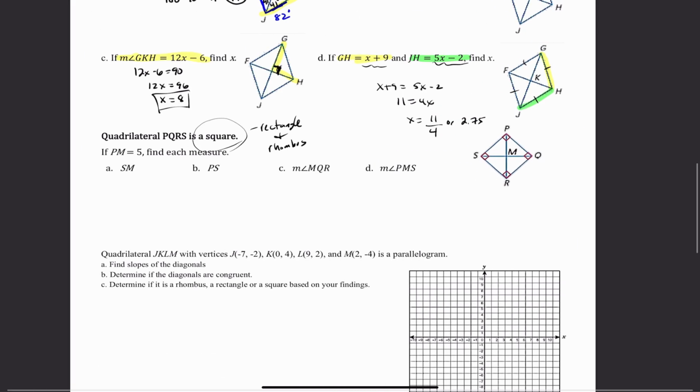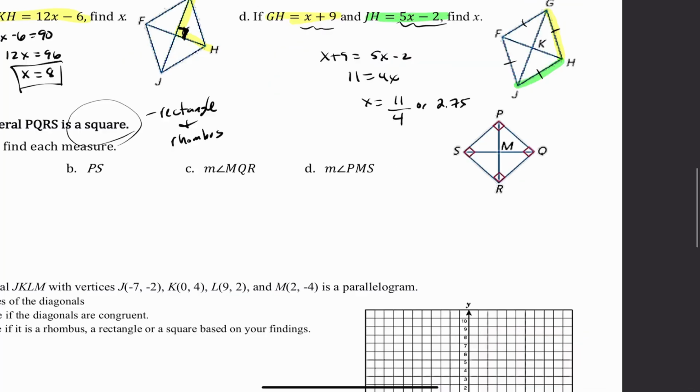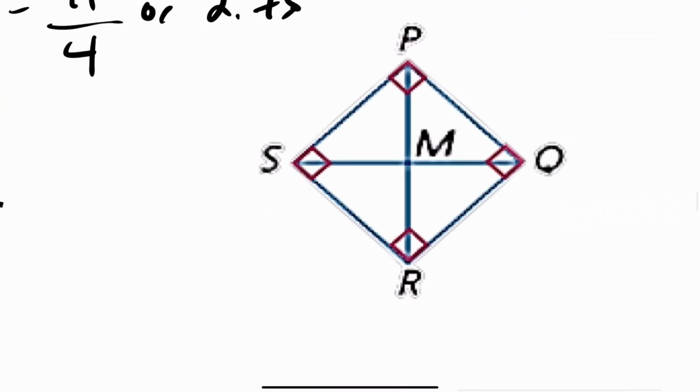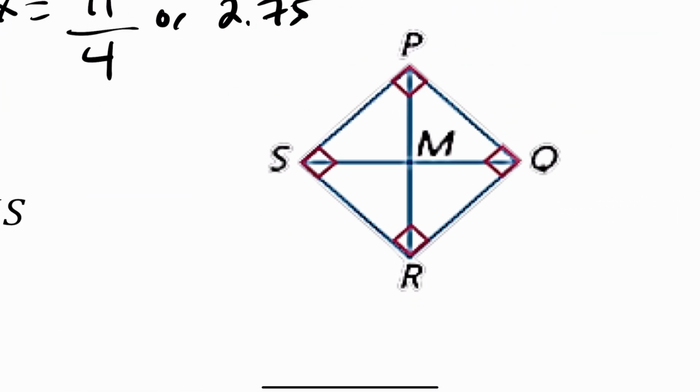So if I look at this picture without looking at the questions here, I want to say that the opposite sides are parallel, the opposite sides are congruent, the opposite angles are congruent, the consecutive angles are supplementary, and then don't forget the diagonals.